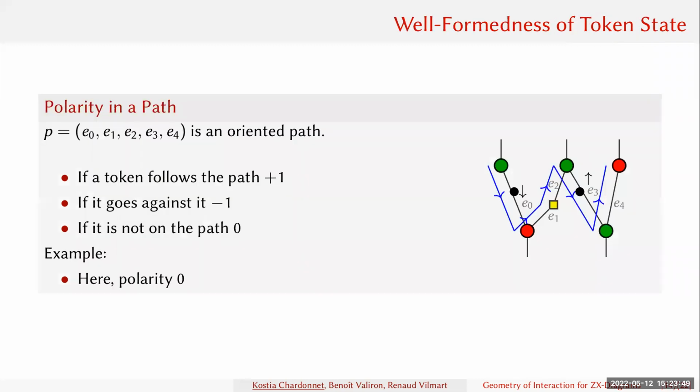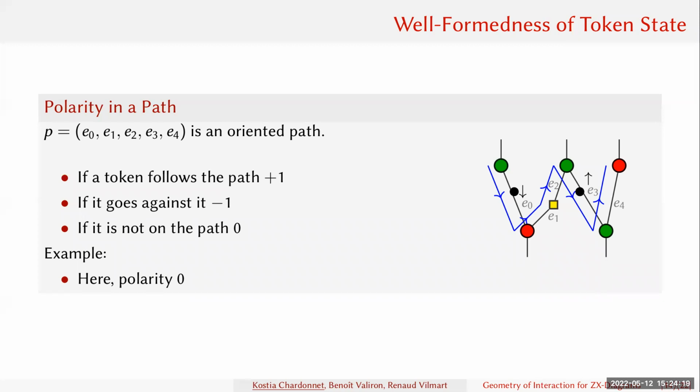So for that, we just need to define the polarity of a path. Take any oriented path in your ZX diagram, and you look at all the tokens that are in your path. Basically, if the token is going in the same direction as the path, then its polarity will be +1. If the token goes in the opposite direction of the path, then its polarity is -1. And if the token is not on the path, then the polarity is just 0. So in this example, you have two tokens.